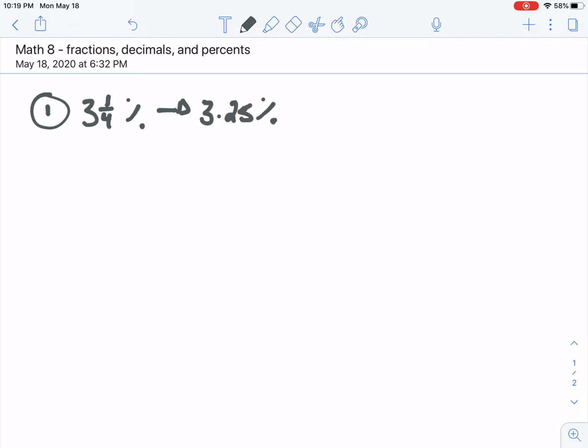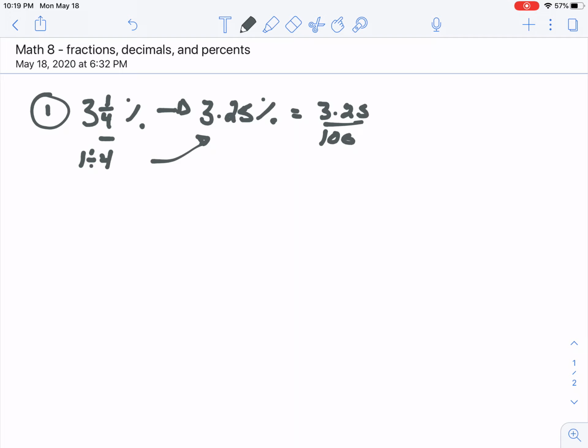And we know that because I can simply take my fraction part and go 1 divided by 4, and that's going to be the 0.25, and I'm adding 3 to that to give me 3.25. Now, knowing that's my percentage, you guys would all agree that this is the same as saying 3.25 out of 100. So we can see that it's kind of in a fraction state, except it's a decimal within a fraction.